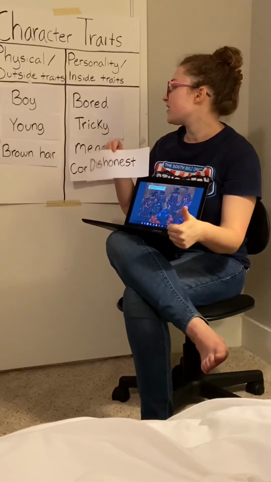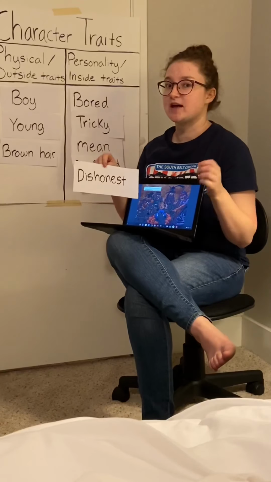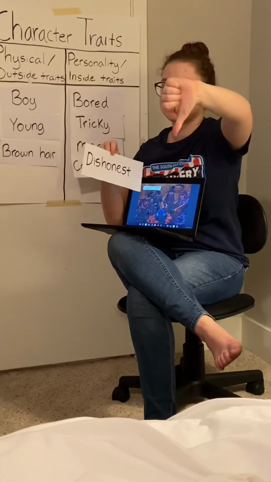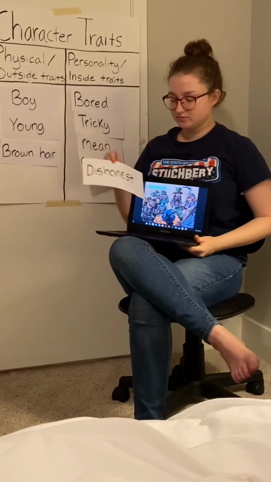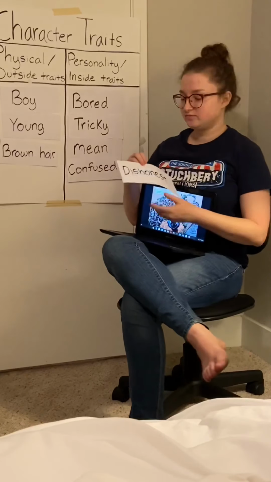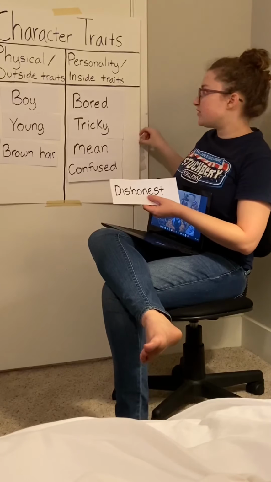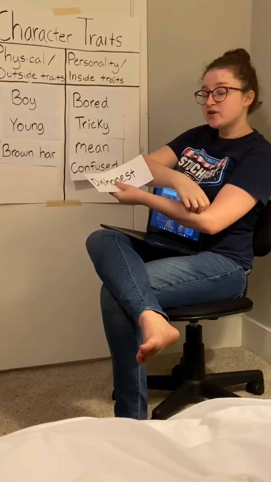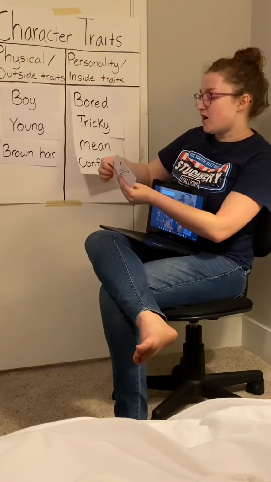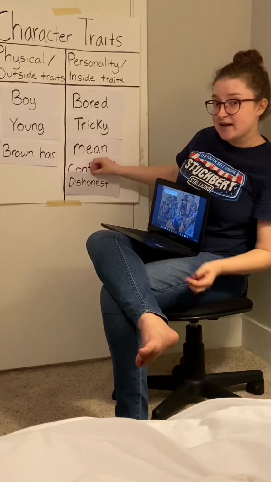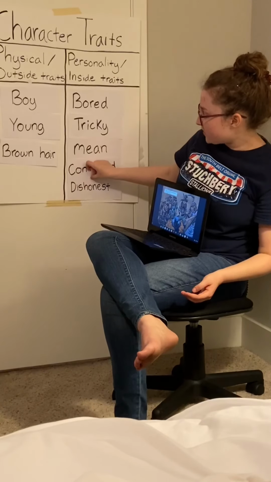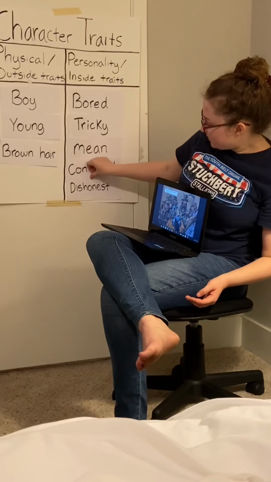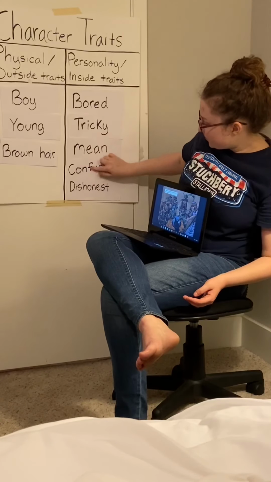If you think that dishonest is a personality inside trait, put your thumbs down. Oh, good. Being dishonest is a personality inside trait because it is based off of what he said, what he was lying to all the townsfolk, and not telling the truth.